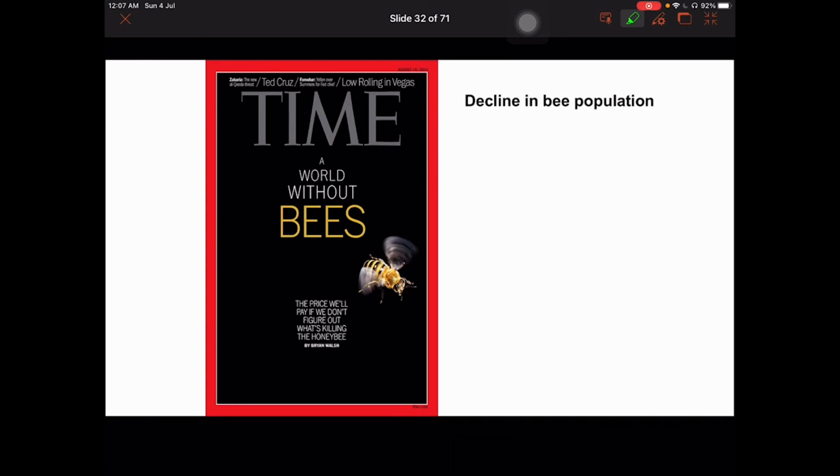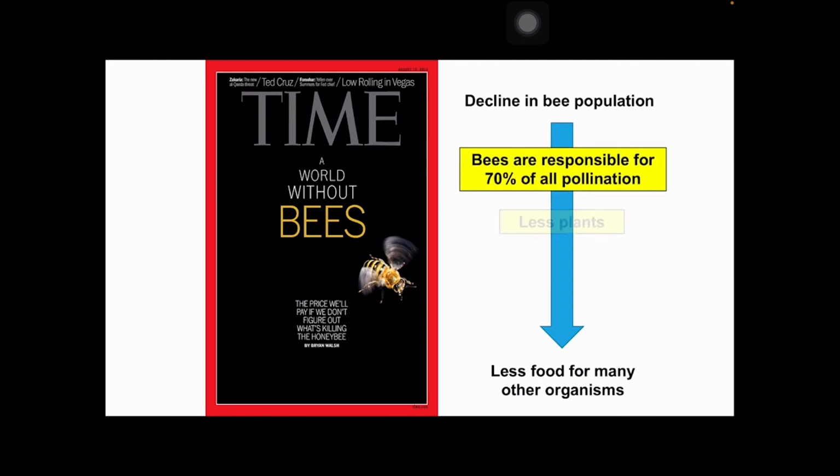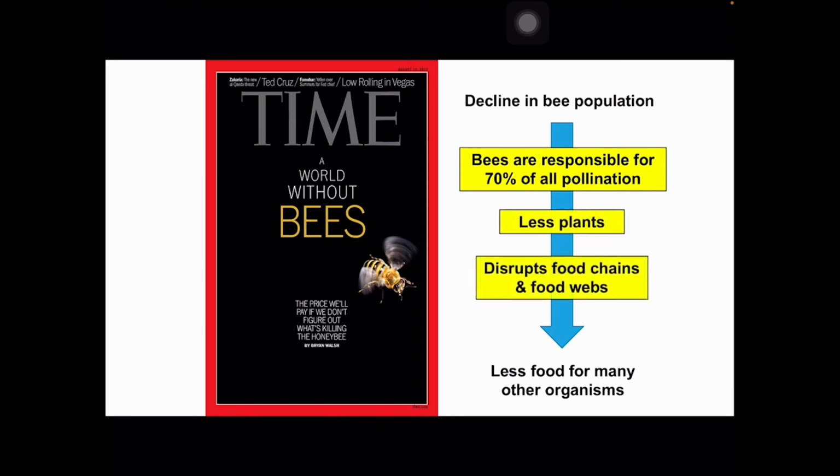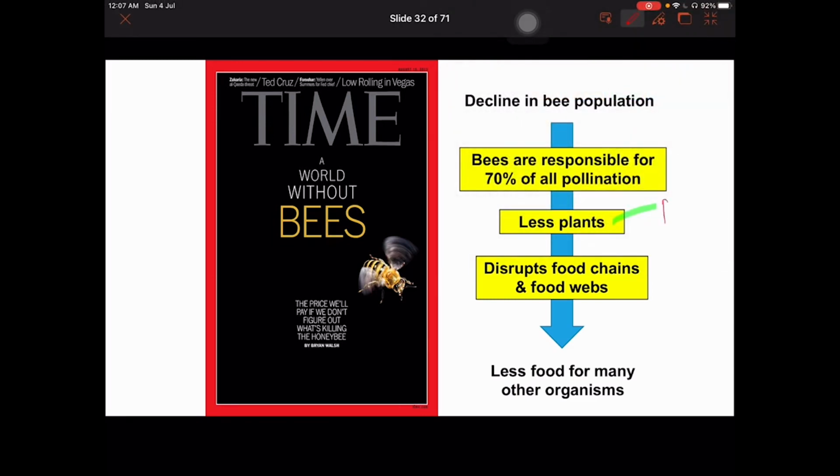So they actually started to do some data research, and they found that if there's a drop in the bee population, it will actually result in a drop in food for many other different organisms. Why is that the case? Because bees are actually responsible for 70% of all pollination of plants, which means that without the bees, you will have less plants, and if there's less plants, because plants are producers, you're going to cause a lot of the food chain to be disrupted.